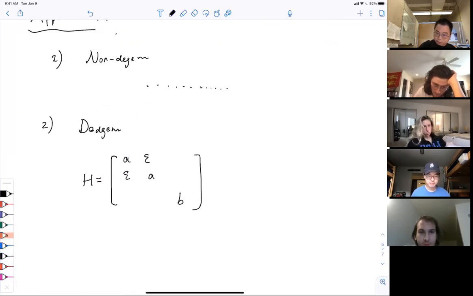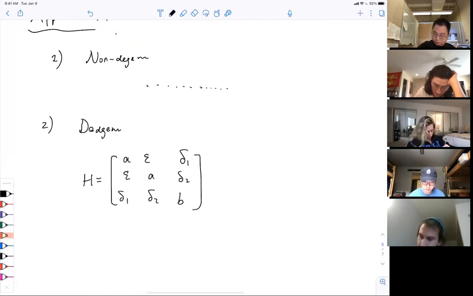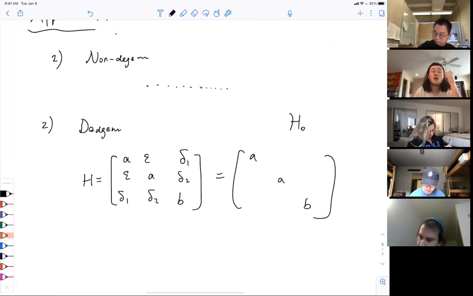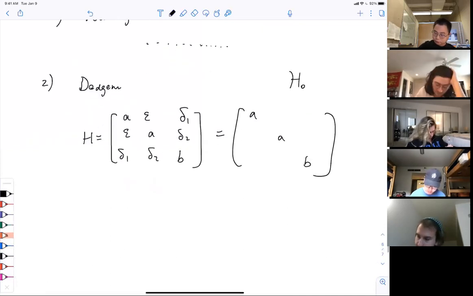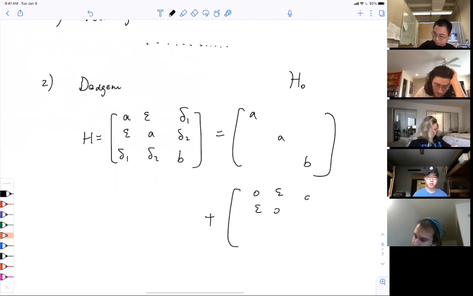I'm just assuming all numbers are real numbers. I don't want to bother with complex conjugates or whatever. So this is the original Hamiltonian H0 unperturbed, and another is the perturbed part.